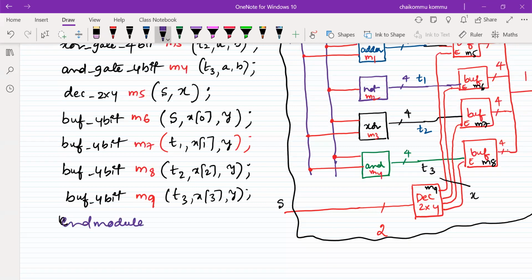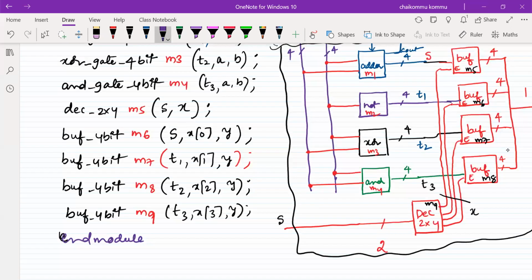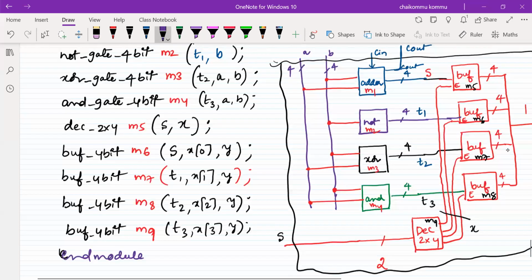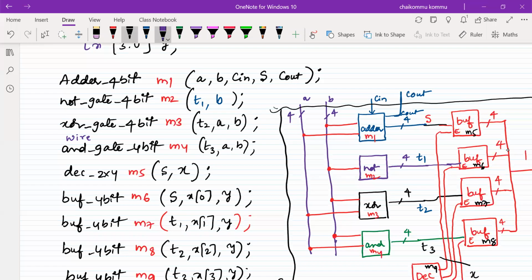So T1, T2, T3 are required, so we write wire here. We can write it anywhere, but I am writing wire here: T down to 0. T1, T2, T3, don't forget to write these.